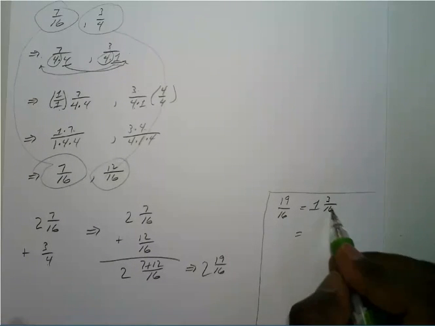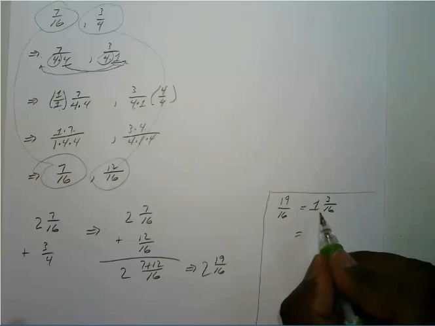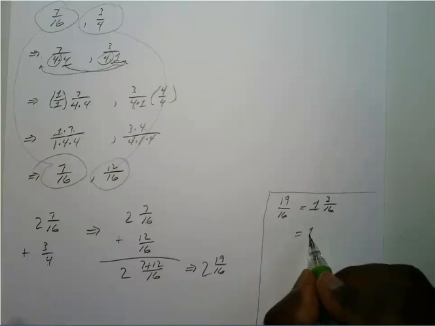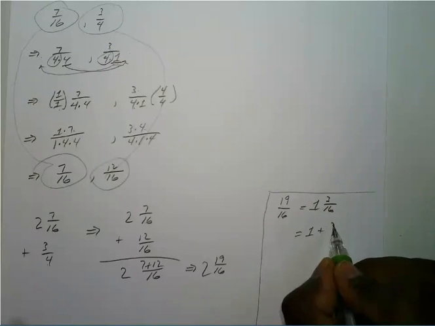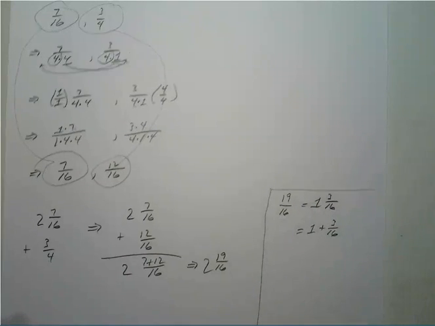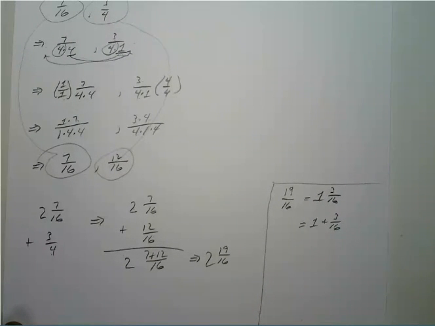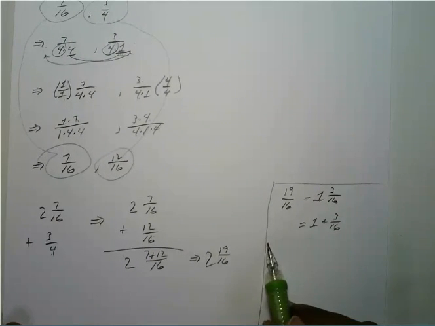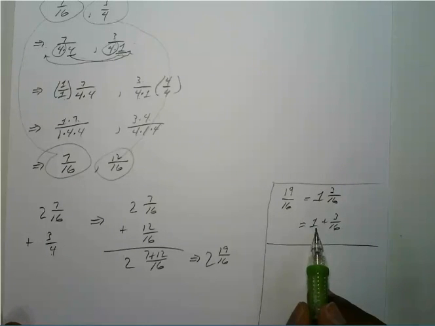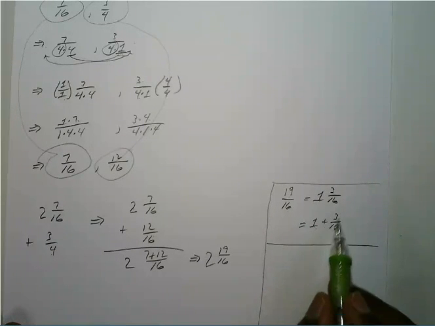Now remember, a mixed number is just those two values added together. So 1 3/16 is 1 plus 3/16. Okay, so remembering that 19/16 is just 1 plus 3/16.